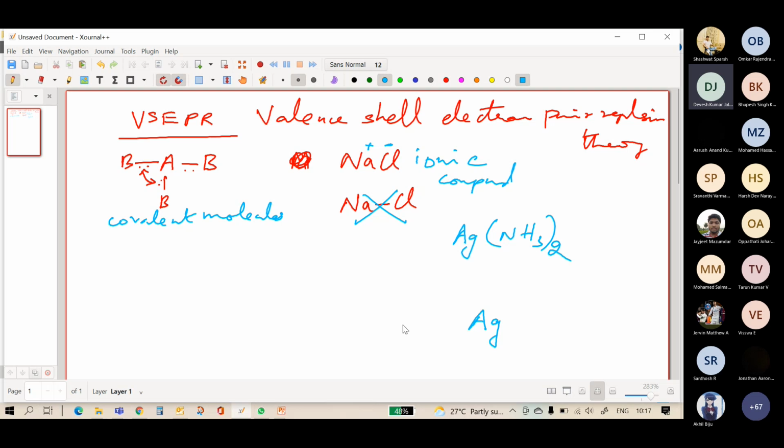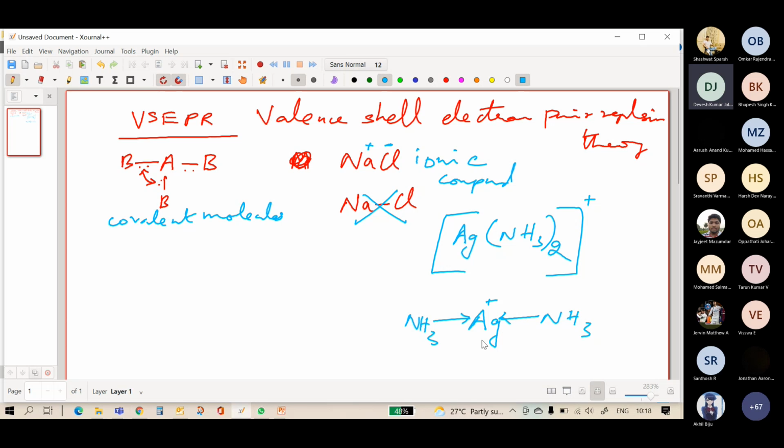You have silver and two ammonia molecules, and they are represented this way. Here it's a coordination complex, so you put square brackets, and of course maybe a positive charge over the complex.